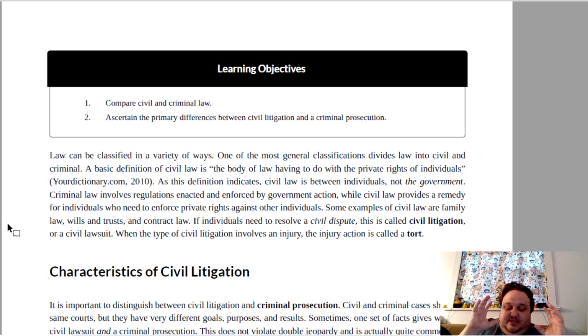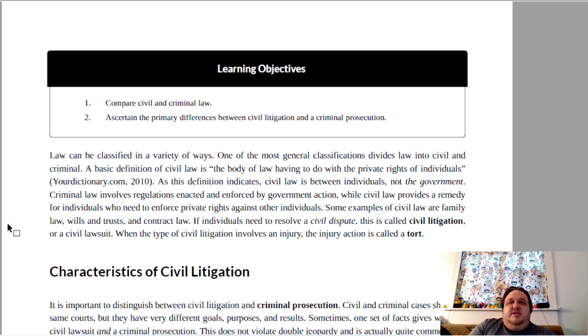So, a very brief overview breakdown. Civil law is between two parties, two individuals, or two companies, or whatever it may be. It's this person here, this company here, this group of people here.